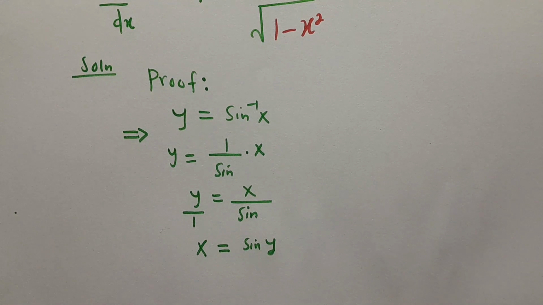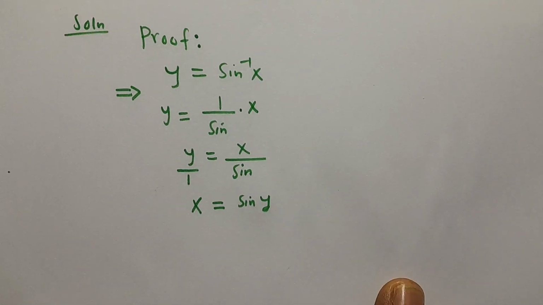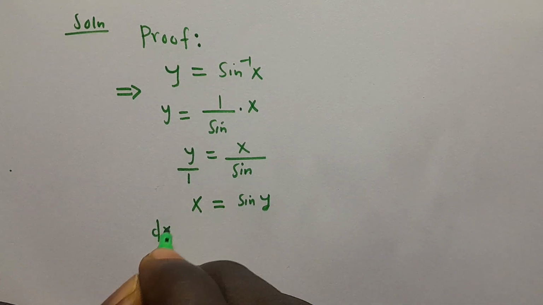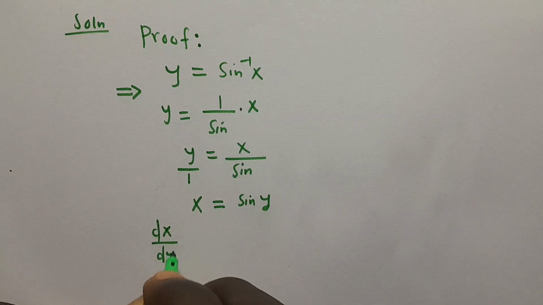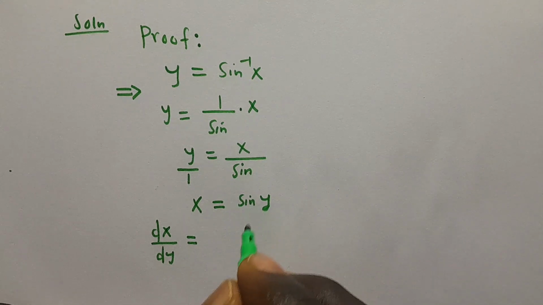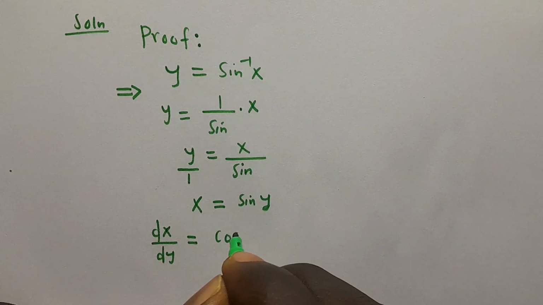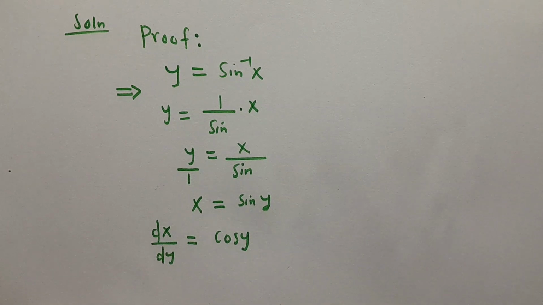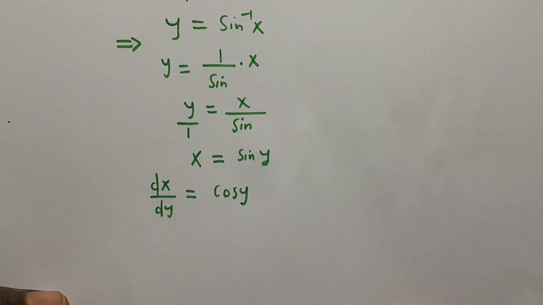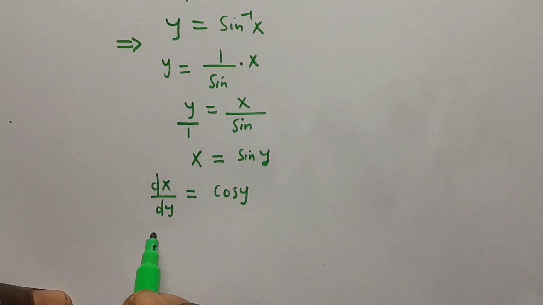And in that case, we can name this equation 1, or we can say let's differentiate x with respect to y. That is, we have dx/dy equals cos y.